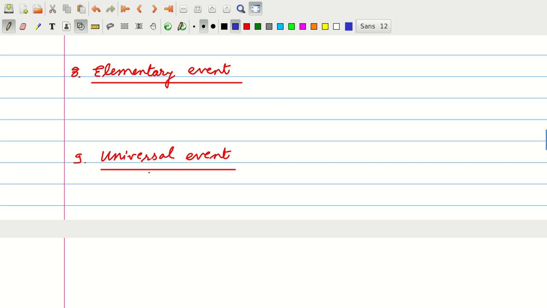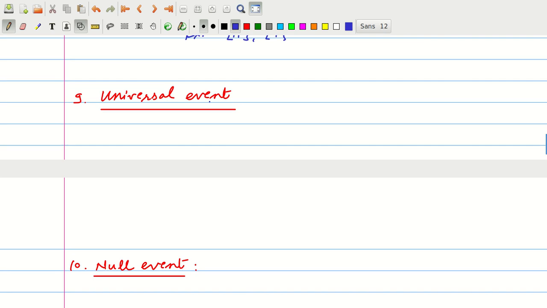So the first in the list is what we call an elementary event. An elementary event is a single sample point. For example, in coin tossing, heads and tails form elementary events. Then there is a universal event.